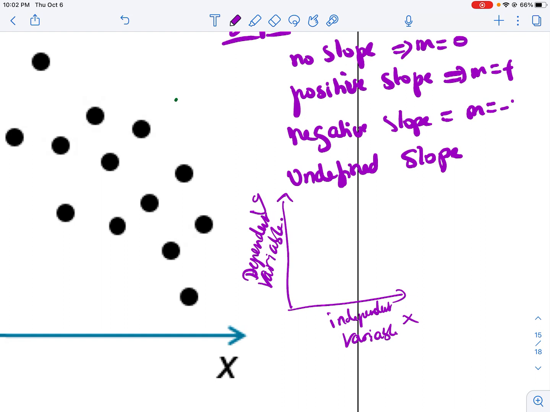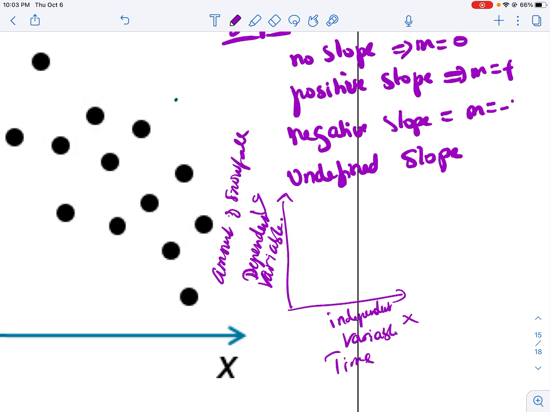What's going to be my independent variable? What's going to be my dependent variable? Remember, I'm talking about time and amount of snowfall. Time is going to be independent because that doesn't depend on anything. The time passes by. But what does the amount of snowfall do? It increases. We are in a winter storm. So your dependent variable will be the amount of snowfall.